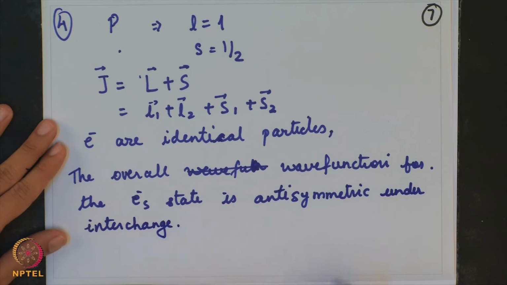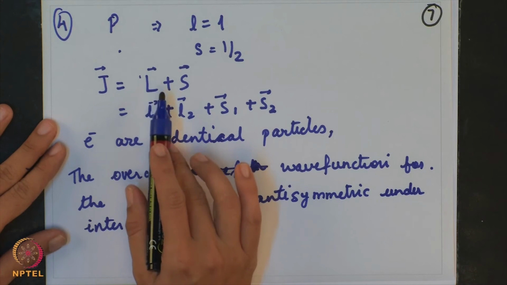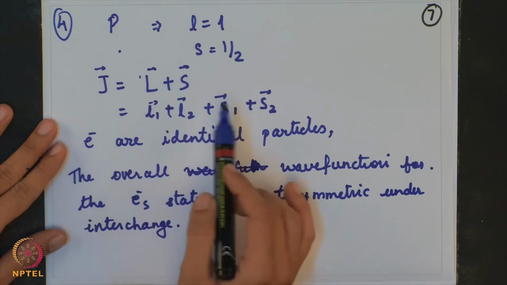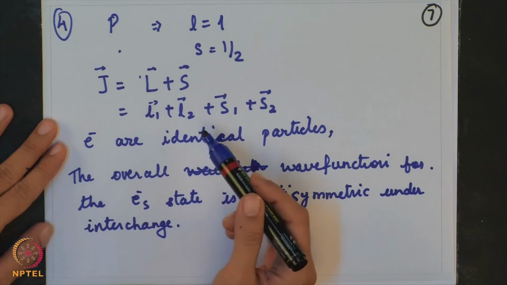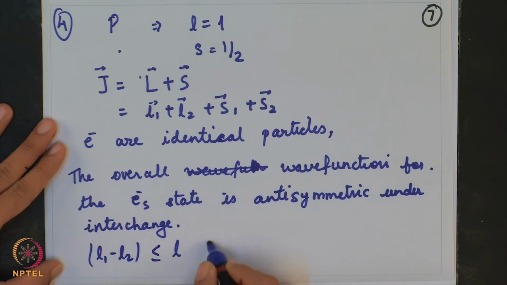Okay. So, you have to be very careful and see which states give you the symmetric and which will give you the antisymmetric wave function. L can take values from L1 minus L2 to L1 plus L2.